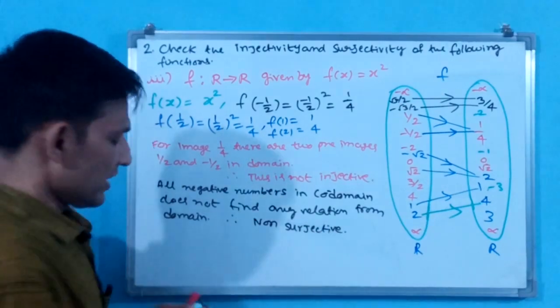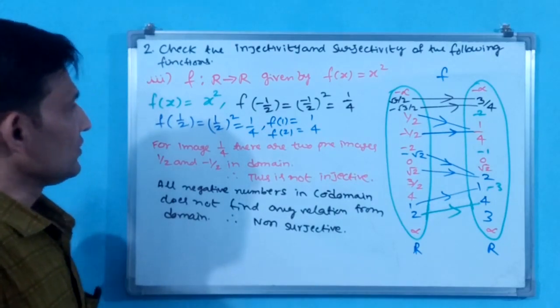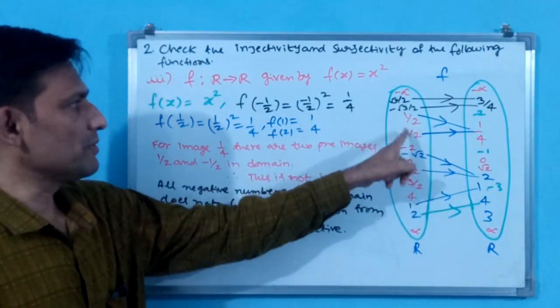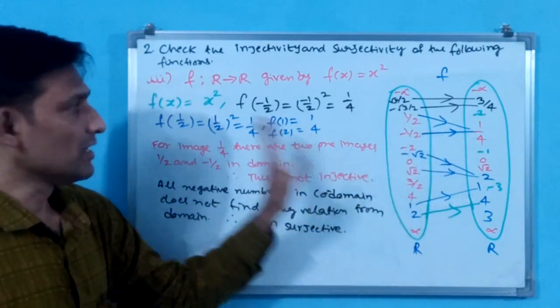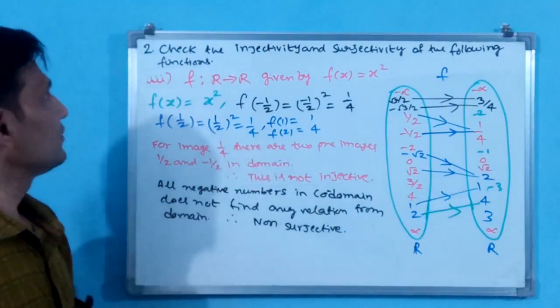Okay, therefore non-surjective. See, this is not injective. Why? Because see, two pre-images are there. This is neither injective nor surjective. Okay, like that you have to write.